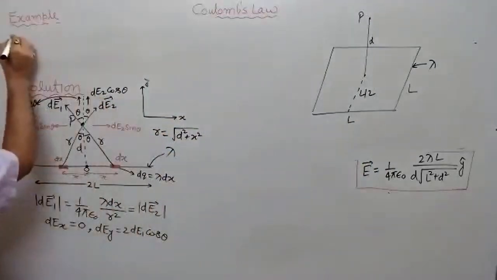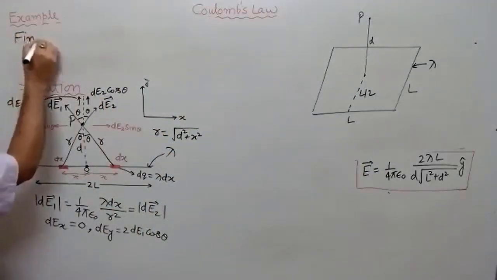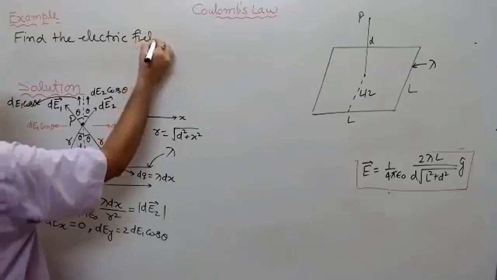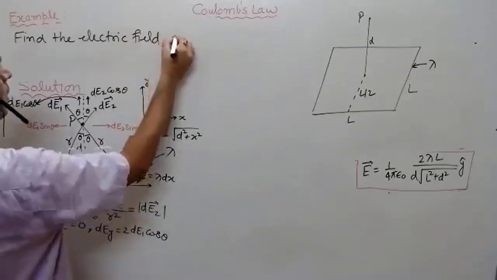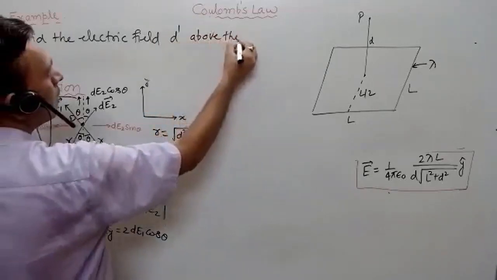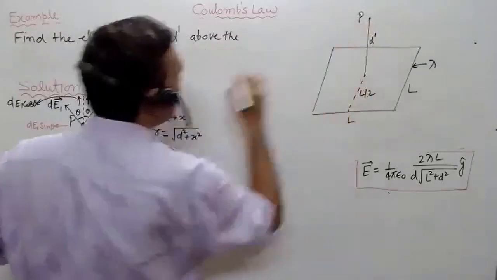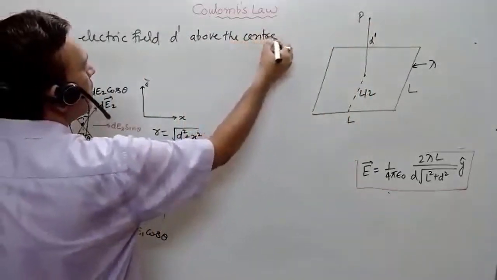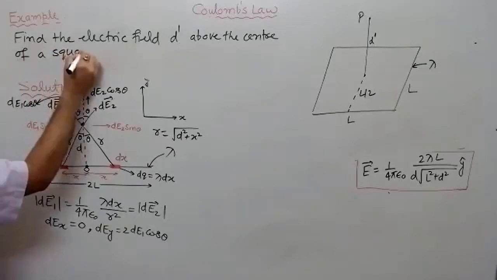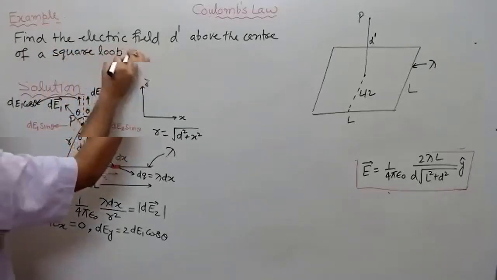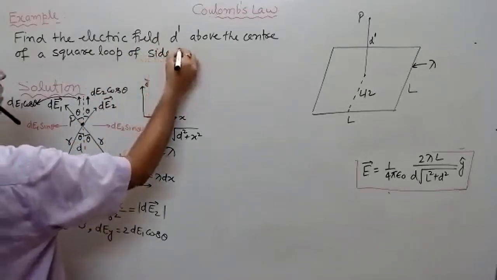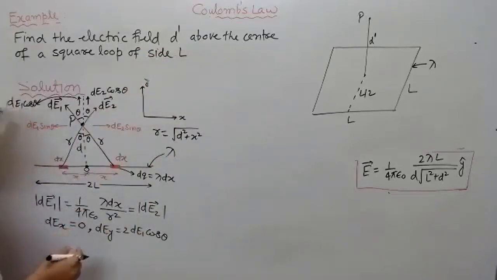So you can write, find the electric field d dash distance above the center of a square loop of side a, carrying uniform line charge lambda.